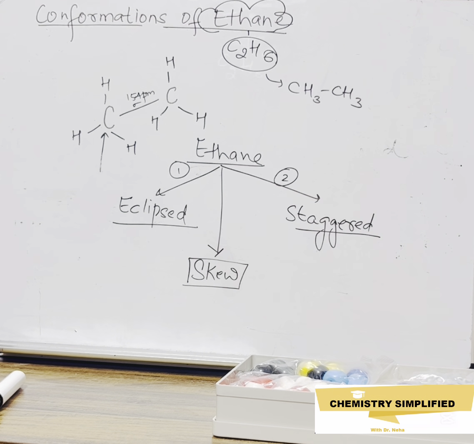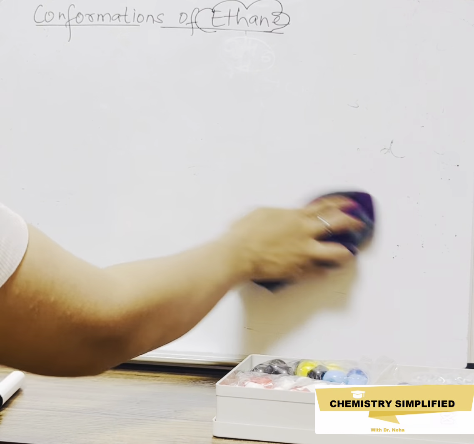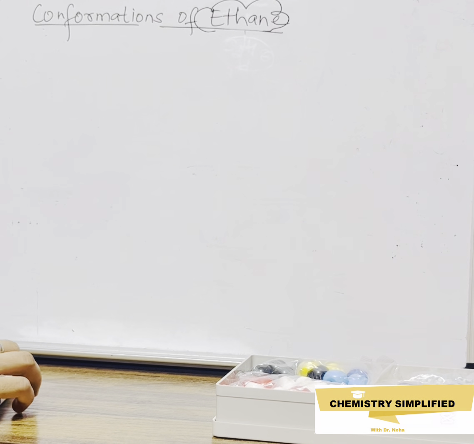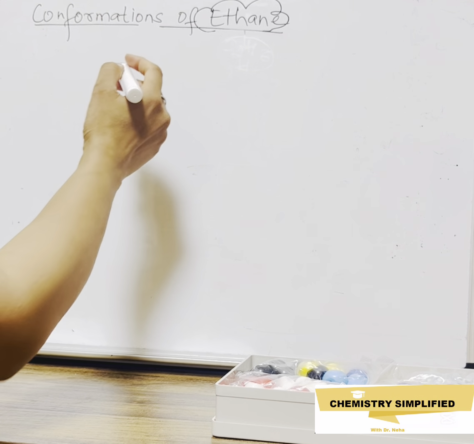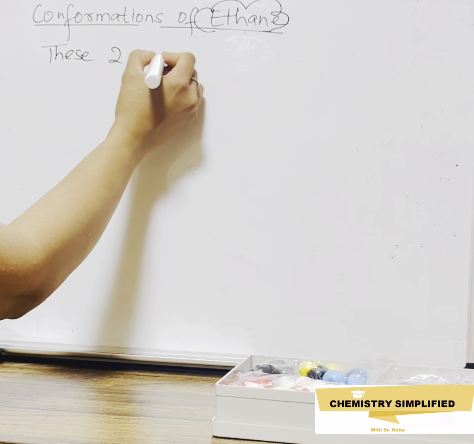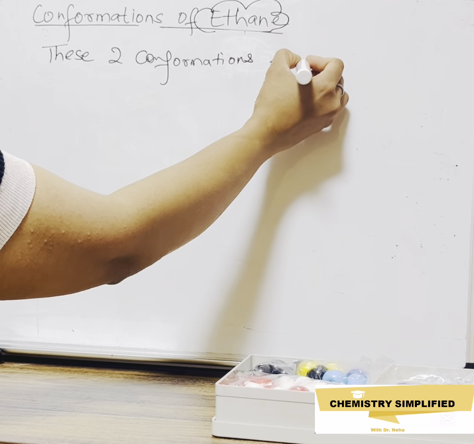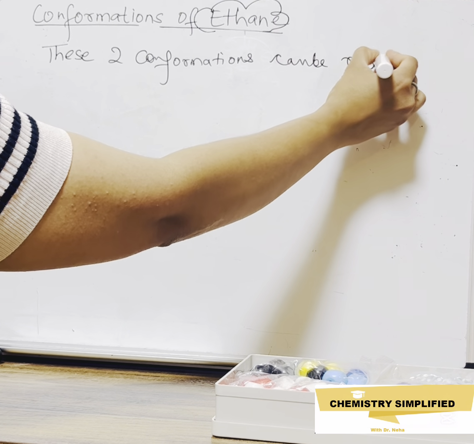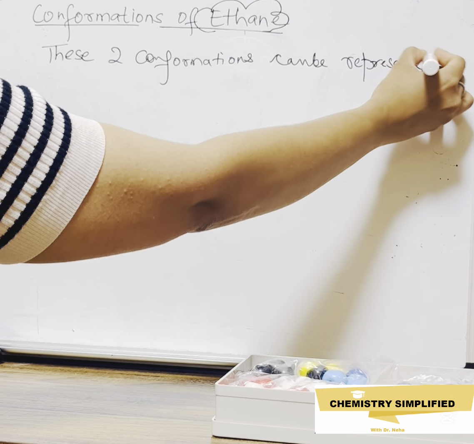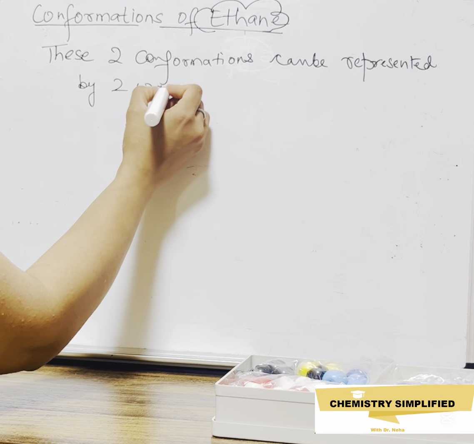Okay. Now, eclipsed and staggered forms can be represented in two ways. What these two ways are, let's discuss. Make a note, these two conformations can be represented in two ways.